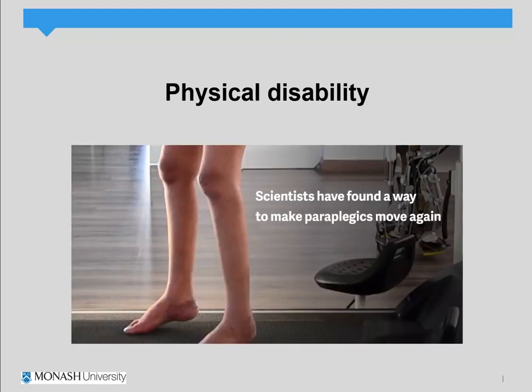Now, it's really important, just in summary, for people with a visual disability and a hearing loss, and also with a physical disability, that we don't treat people as if they also have an intellectual disability. So I have three friends and family members. I have a cousin who is profoundly deaf, I have a friend who is quadriplegic, and I have the young man I was talking about before, who has 98% vision loss.